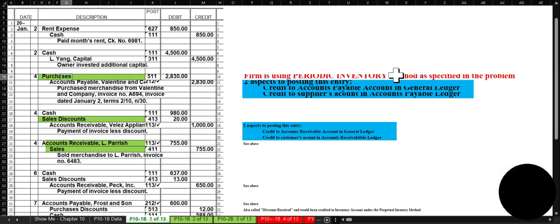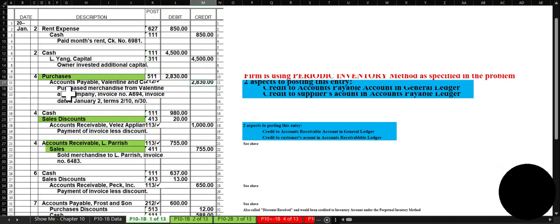If it were the perpetual, then first of all, we would have to use the inventory account and there wouldn't be a purchases account in the chart of accounts, but they're using the periodic, so we did not have to be told that they were using the periodic. By virtue of the purchases account being listed in the chart of accounts, we know that that is the method that they're using. So we debit the purchases, and we credit the accounts payable with the amount.